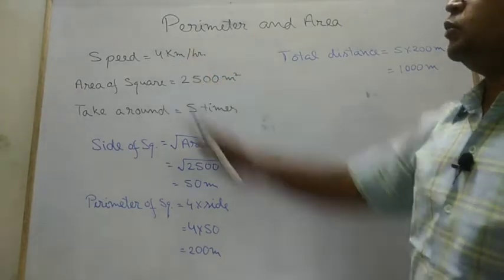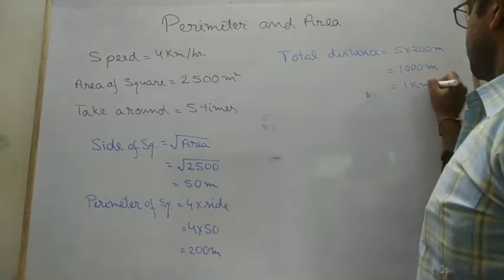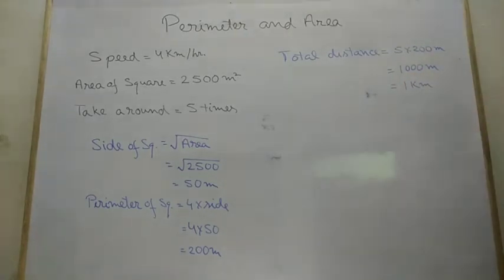Though speed is in kilometer, we convert it into kilometer. 1 kilometer. Clear? Total distance is 1 kilometer. Hope this thing is clear to you.